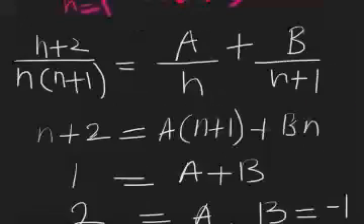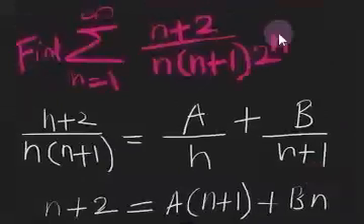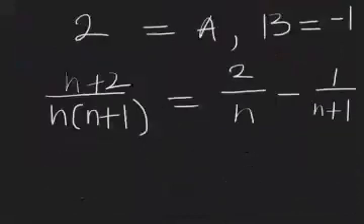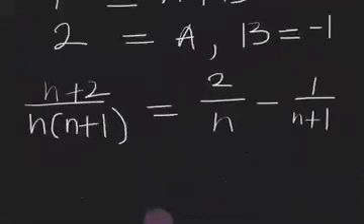Then let's go to our problem here. So here we have 2 to the power n. So I multiply the whole equation by 1 over 2 to the power n. I write that in red.